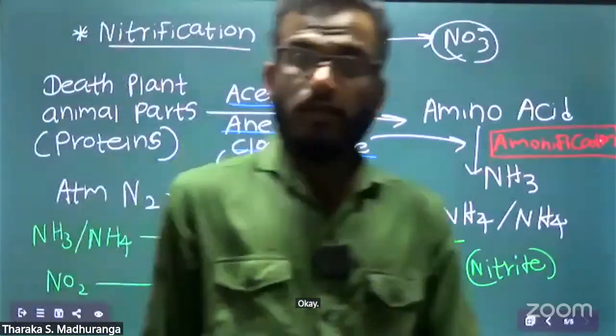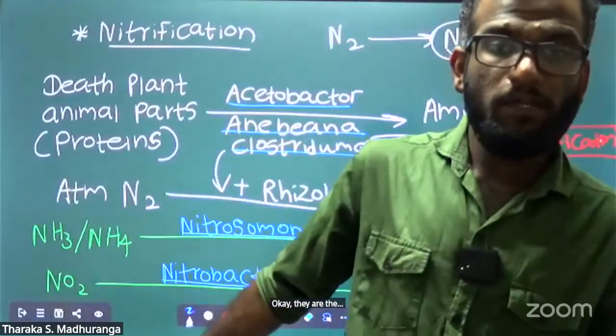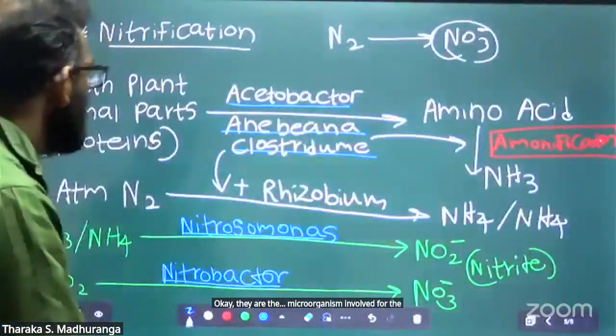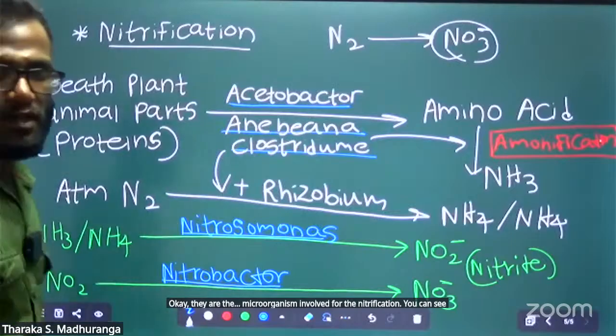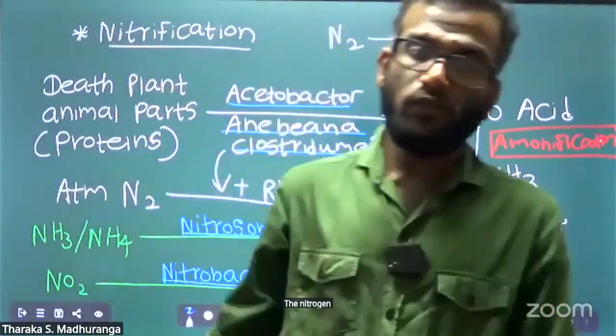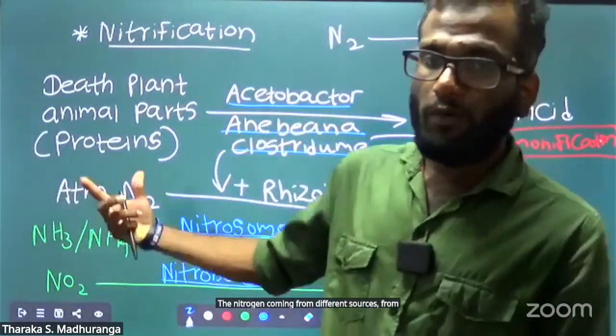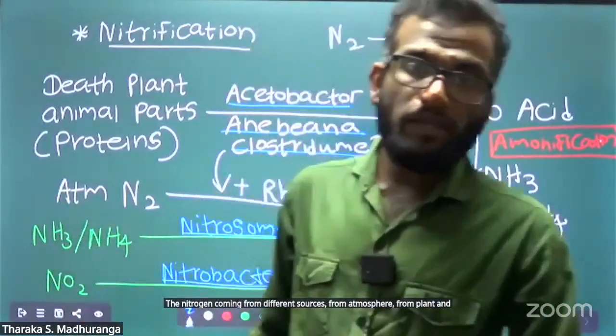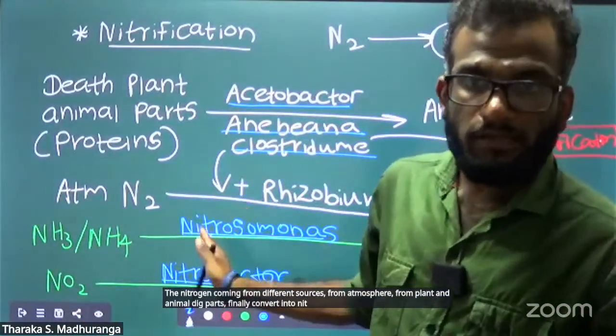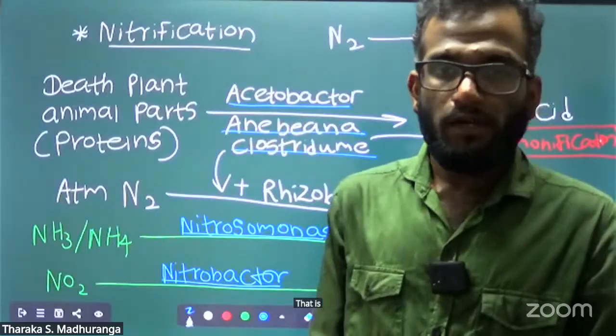They are the microorganisms involved in nitrification. You can see the nitrogen coming from different sources, from the atmosphere, from plant and animal dead parts, finally converts into nitrate ions. That is the process of nitrification.